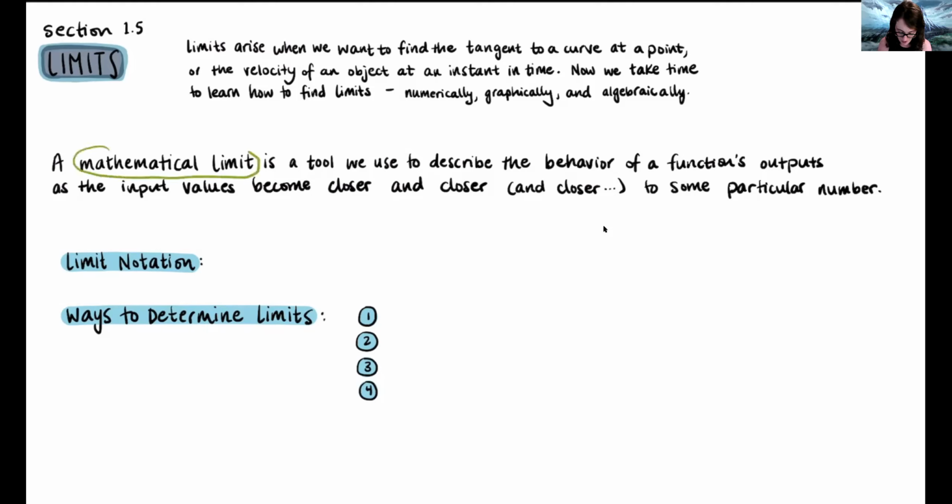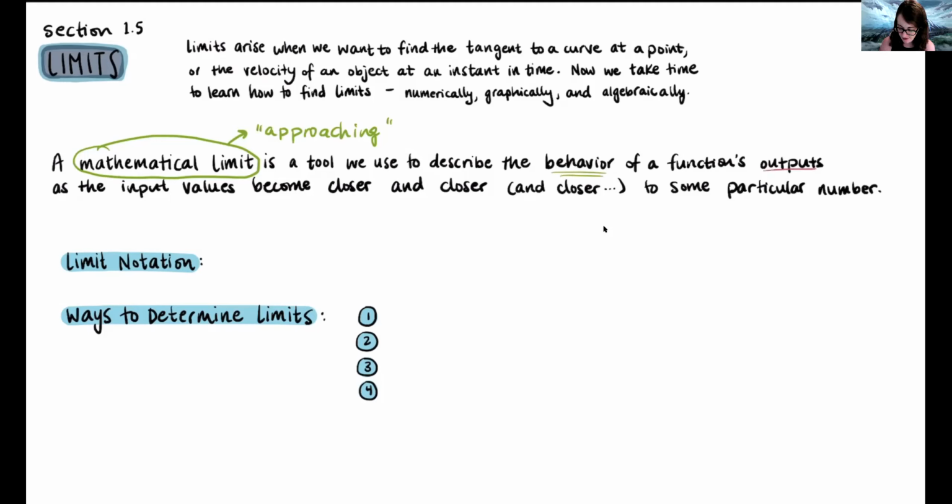So a mathematical limit. Again, we want to associate just the word approaching, and you'll see why when we get into it. But a mathematical limit is a tool that we use to describe the behavior, super fancy math word, it actually is, of a function's outputs.